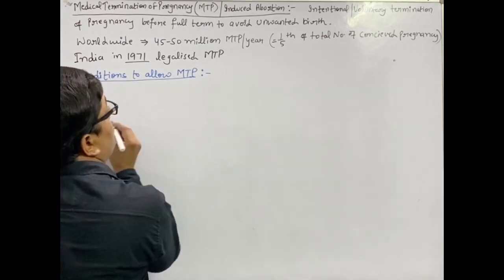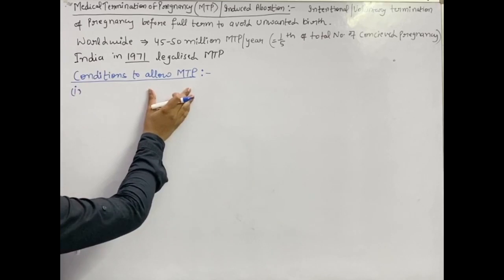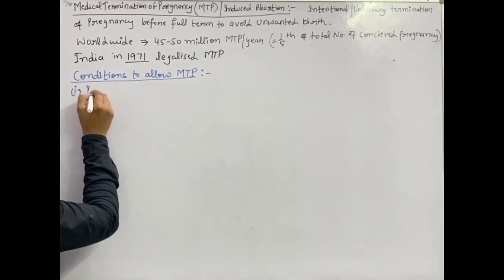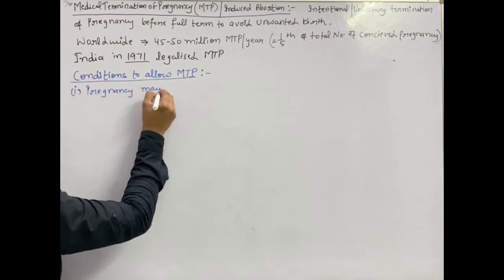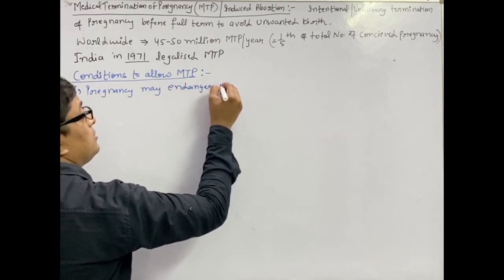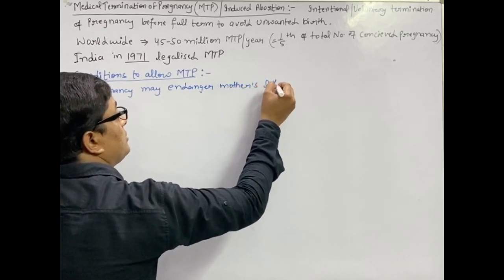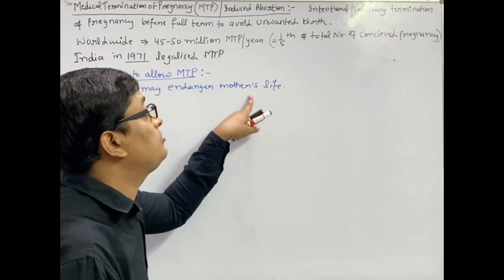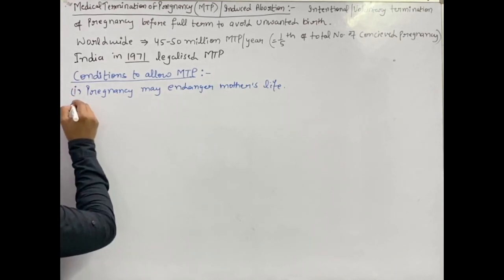Number one, pregnancy may be fatal for the mother, that is, it may endanger the mother's life. Means the mother may be suffering from heart disease, so it may be lethal for the mother to conceive and deliver the baby.